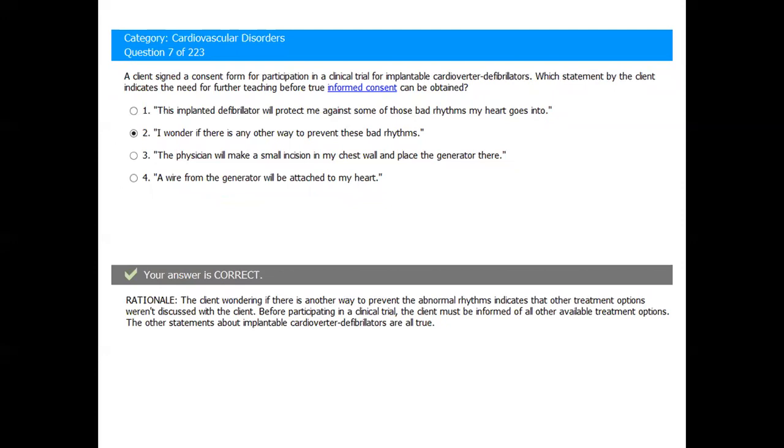They said the answer is the one that is wrong, which I need to correct: I wonder if there is any other way to prevent this bad rhythm.